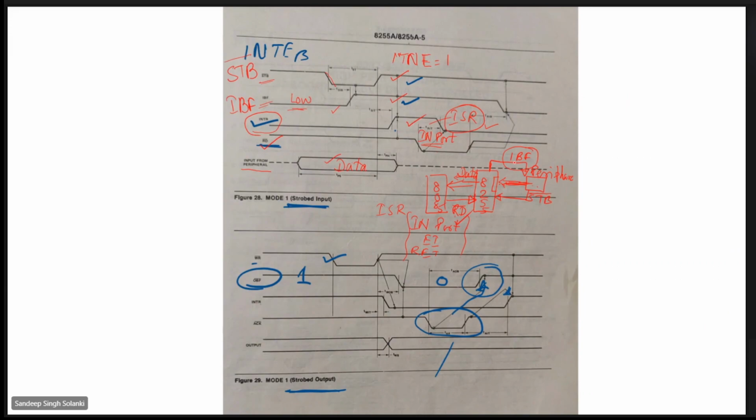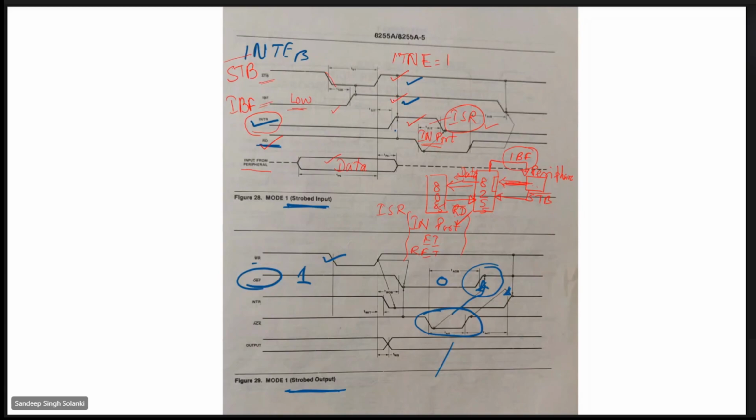Once IBF goes high, you can see here that the strobe also goes high, because the strobe is low only for the period during which the data writing process is going on between peripheral and 8255. After that it goes high.